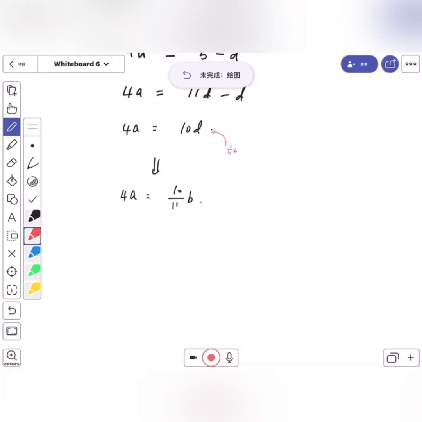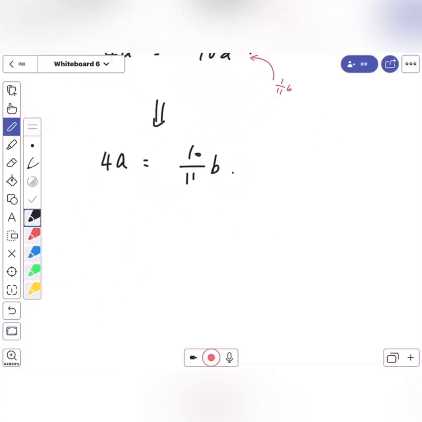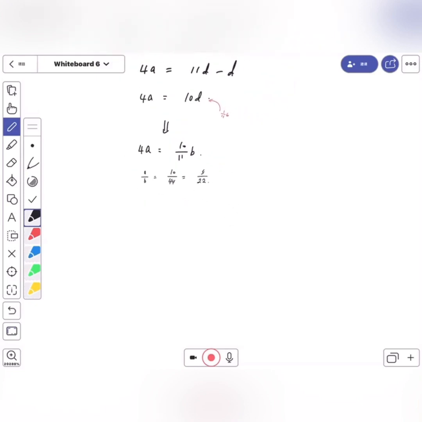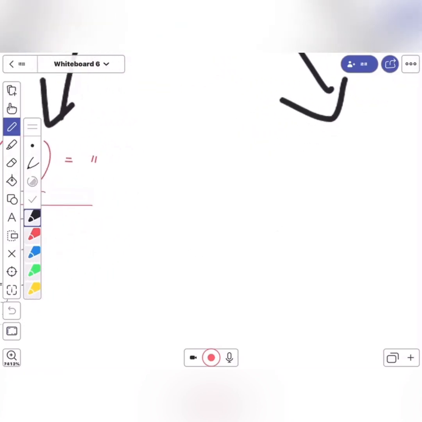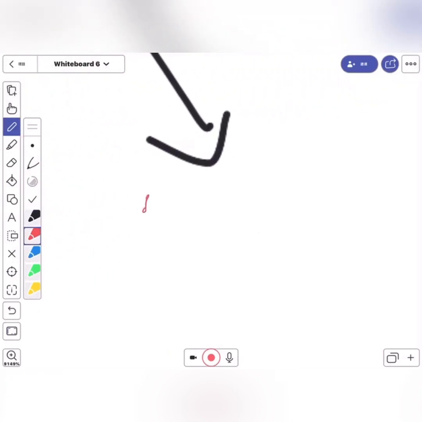And since we want the values of r, so essentially we get that a over b is equal to 10 over 44, which is 5 over 22, in the simplest form. Now let's go on to the third case. Now GCD of b comma 55 is equal to 5.